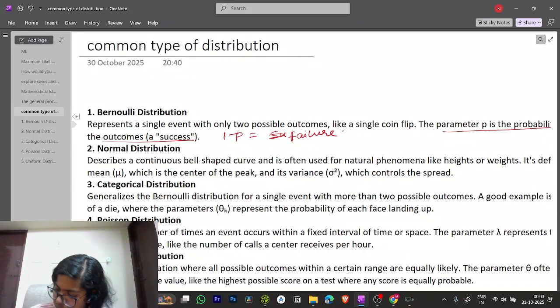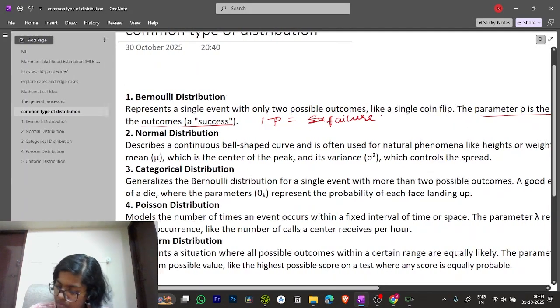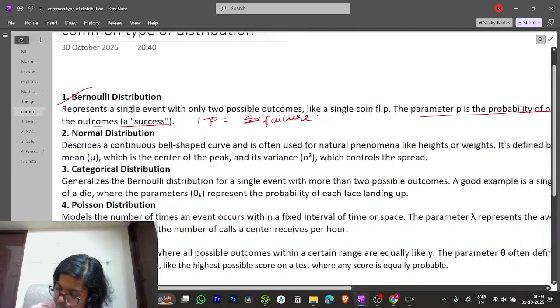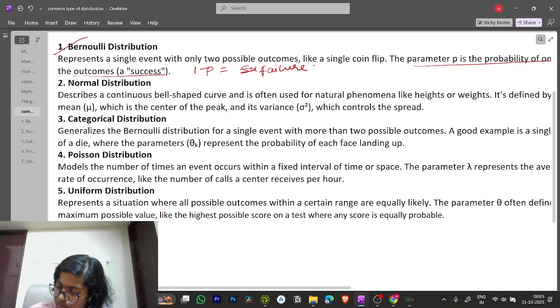Next is the normal distribution. It describes a continuous bell-shaped curve and is often used for natural phenomena like height or weight. It is defined by mean, which is the center of the peak, and its variance, which controls its spread.